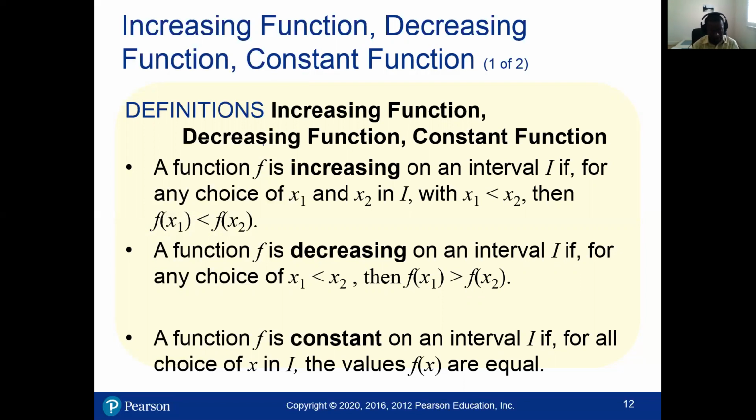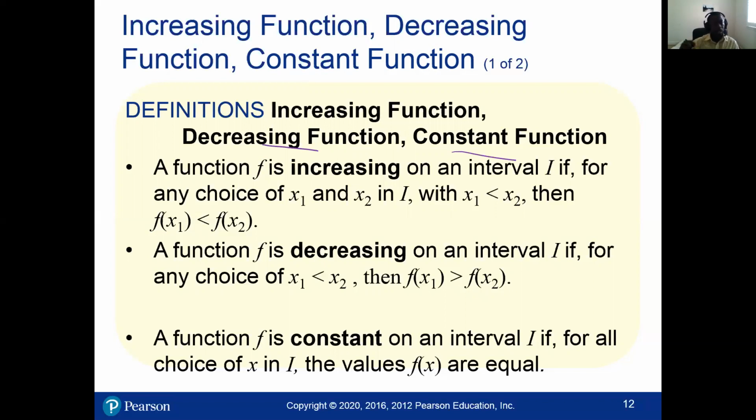A function is increasing, decreasing, or constant. When you say it is increasing, we are looking at x values. So a function increases if I plug in x equal to 1 into the function, I get 1, and then if I plug in x equal to 2, and I see that the y values are increasing, that means the function is increasing.